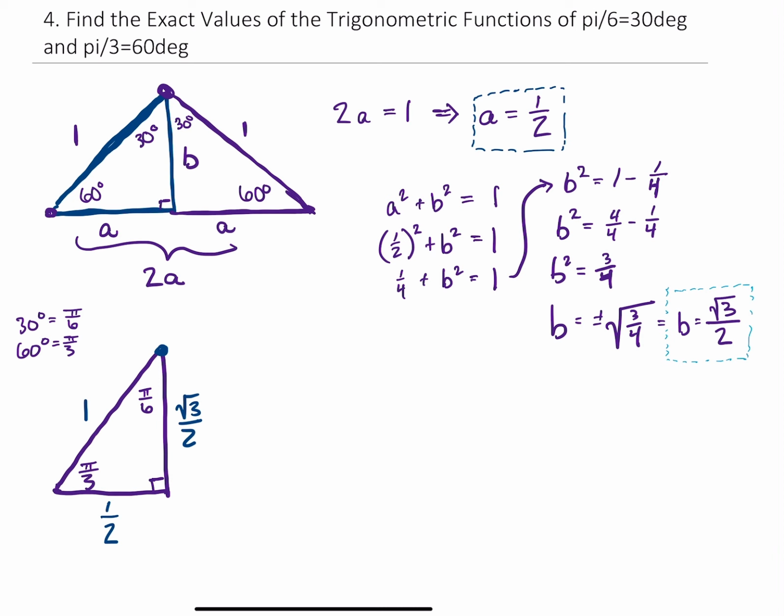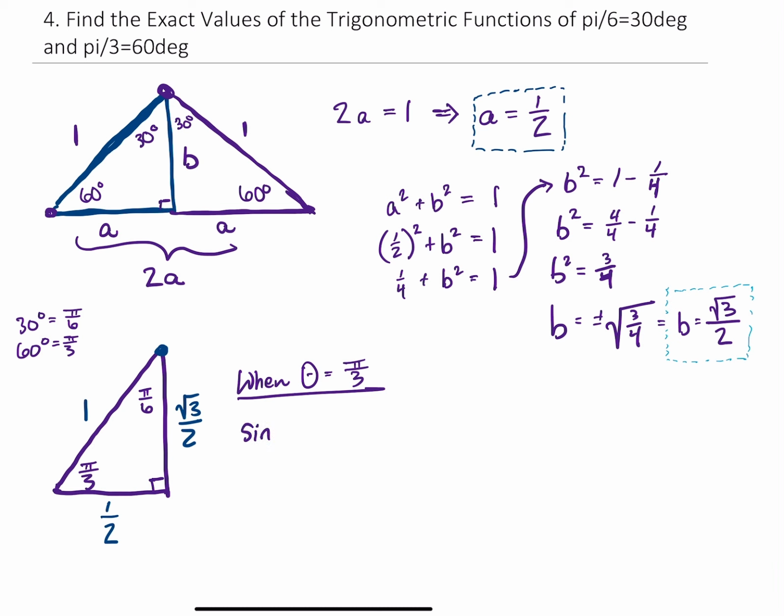So let's define the sine and the cosine for each of these, because that'll be what we're interested in. So we can say when theta equals pi over 3, that's our 60-degree angle, the sine is opposite over hypotenuse, or we can see this will be the y-coordinate of the point that we'll build.